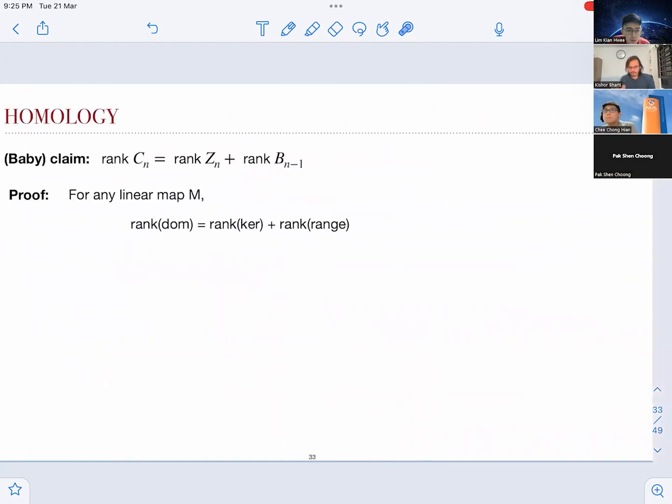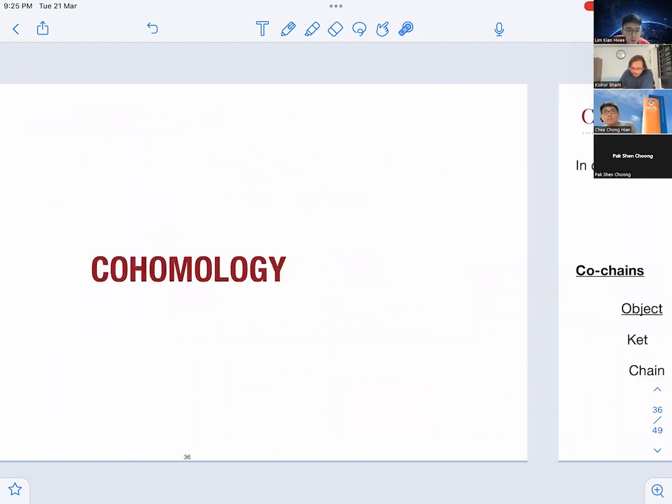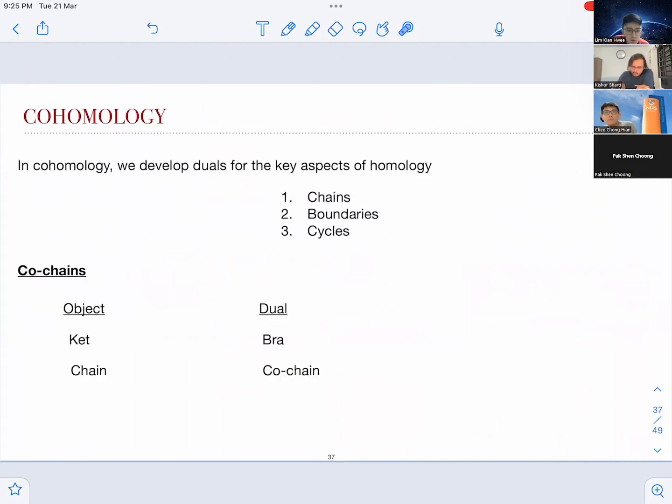So nice. Let's now look at cohomology. To understand cohomology, you can think of it as similar to the relation between ket and bra. So similarly, for every chain, we have this notion of co-chain. So in cohomology, basically we develop the duals for the key aspects of homology.